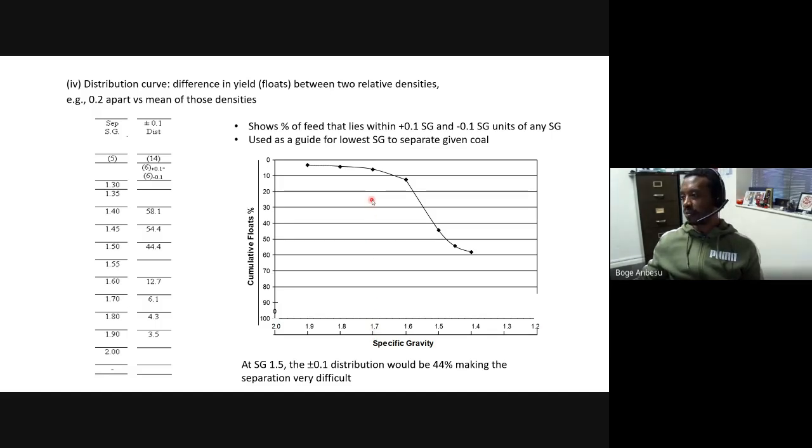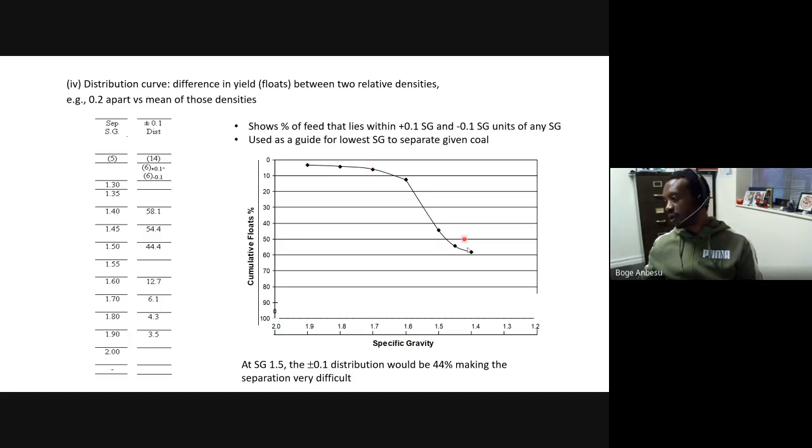And at 80% recovery, it's telling me that actually less than 10% is near gravity material. Okay, so within plus or minus 0.1 of 1.7. So the proportion of material that is within 0.1 plus or minus of 1.7 specific gravity is less than 10%, which tells me that separation is easy.